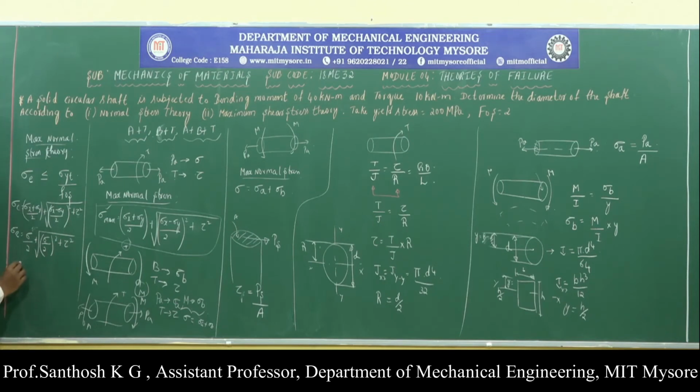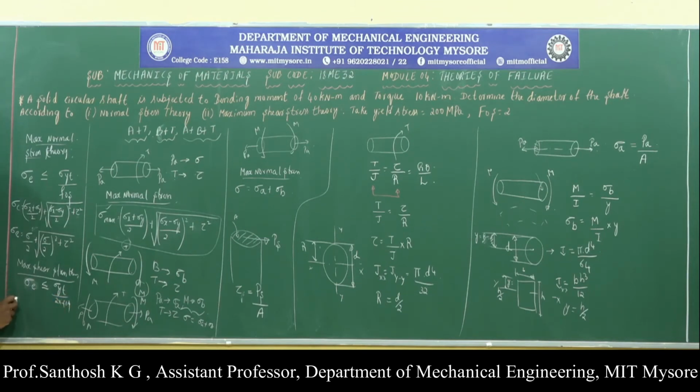Then coming to the maximum shear stress theory. According to this theory, in order to keep the design safe, the stress induced in a member due to the combined loading should always be less than or equal to sigma yt divided by 2 times factor of safety.